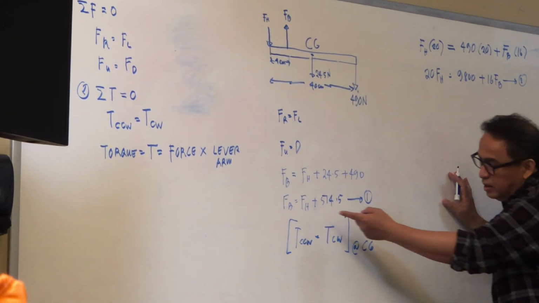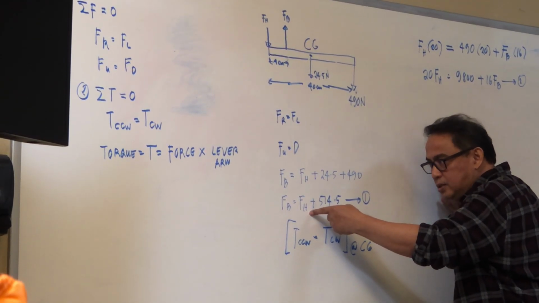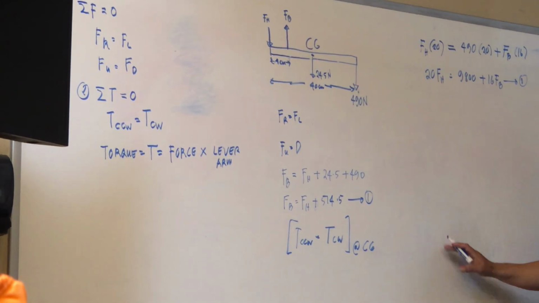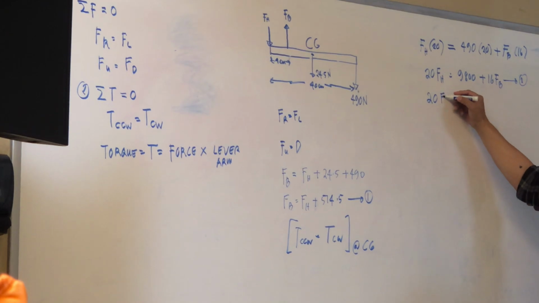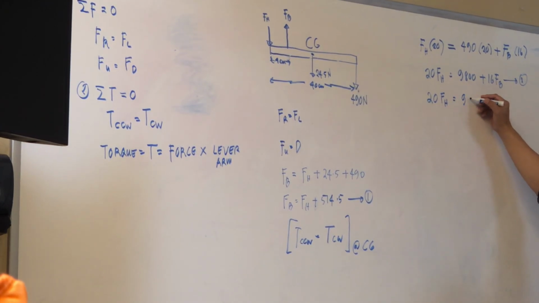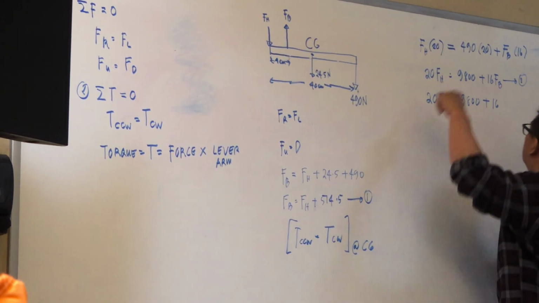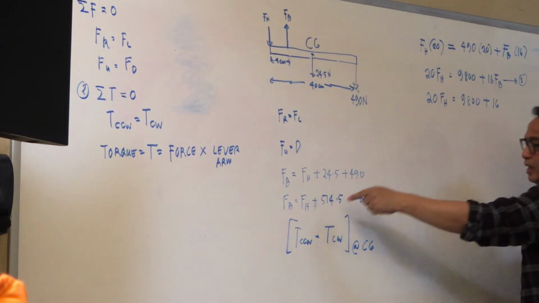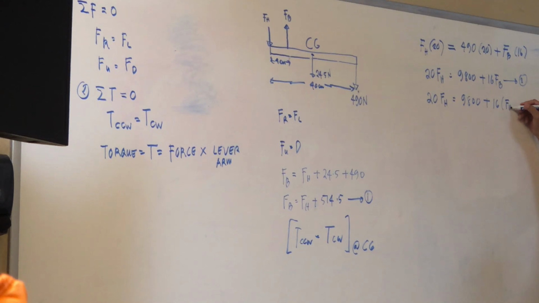In equation 1, you have already isolated FB. FB is expressed in terms of FH. Plug that in. You will reduce the equation into only one unknown. So you have 20 times FH is equal to 9800 plus 16 FB. You're plugging this into equation 2: 16 times FH plus 514.5.